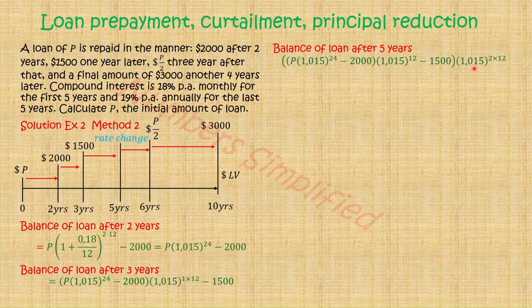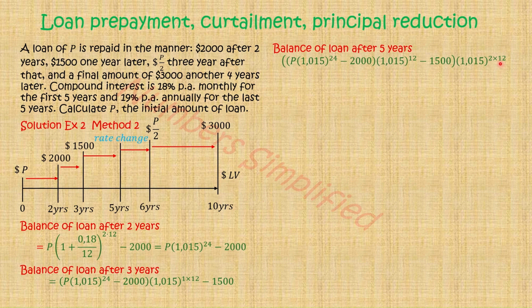Then we multiply that one by the interest that it accrues, of 1.015 raised to the power 2 times 12, because we have 2 years and the interest was compounded monthly, and that happens for 2 years. So that is the balance at the end of 5 years of that particular loan.